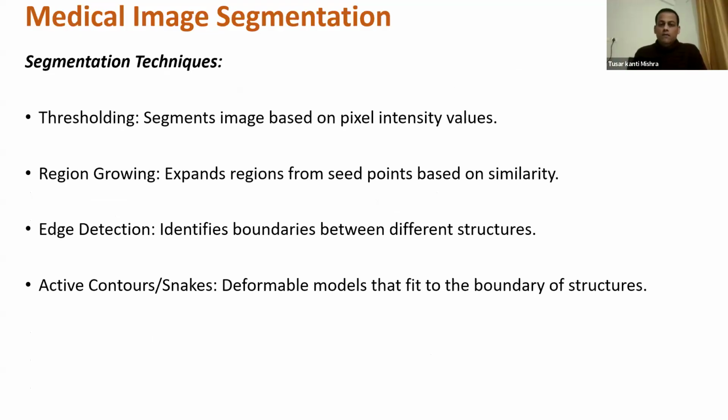Pixel wise, the intensity is considered, and in correlation with the threshold value, this segmentation is achieved. For establishing that correlation and to segregate a specific object from the health image, the organ image, different algorithms have been proposed. Similarly, another approach might be region growing.